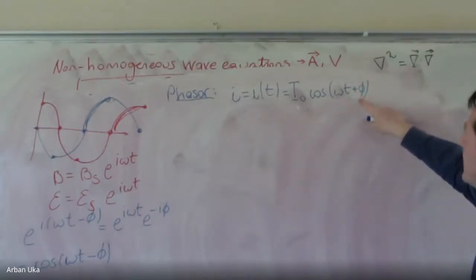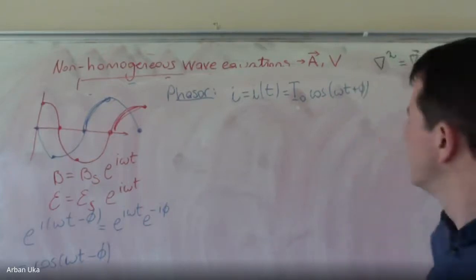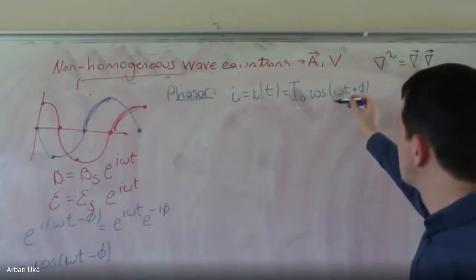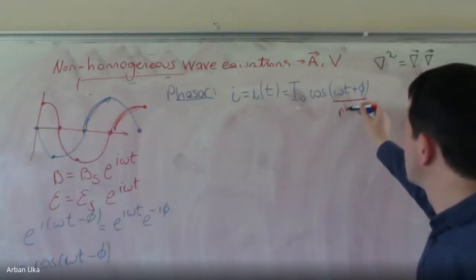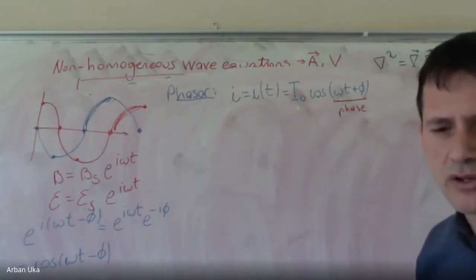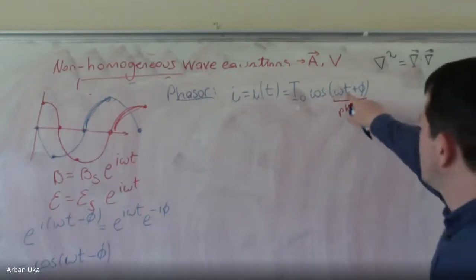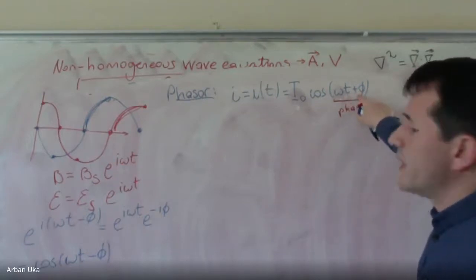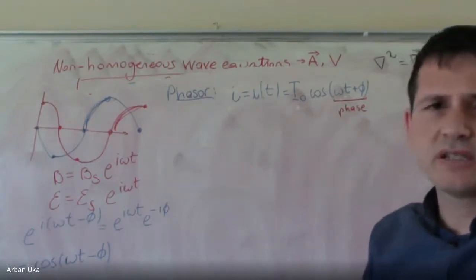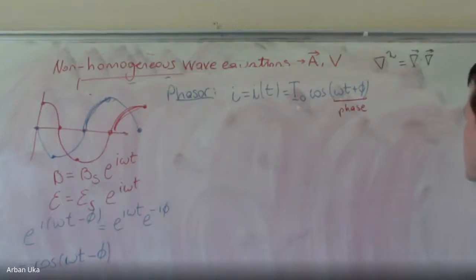And this phi is the phase constant, or the phase, because this whole thing is the phase, measured in radians, and we find the cosine of some quantity in radians. Even at time t equal to 0, if phi is different from 0, we call that the initial phase difference.